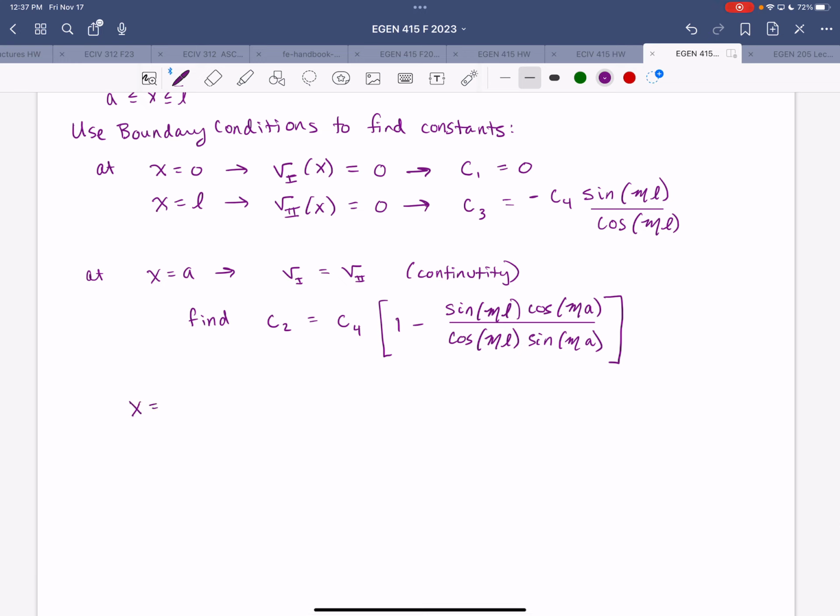So that's going to be at x equals a, the slope in region 1 is equal to the slope in region 2.